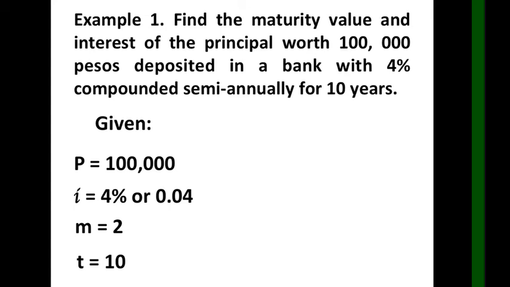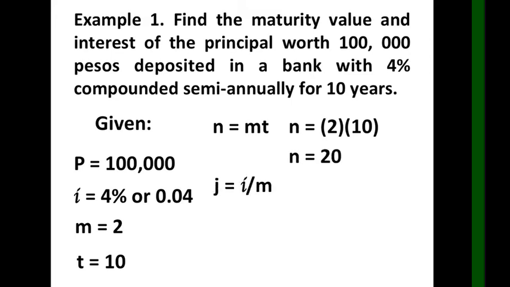Now, let's solve for the N. For the N, I gave the formula MT, where M and T will be multiplied. Therefore, 2 times 10 is equal to 20. For the J, we have I over M. Our I is 0.04. Divide by 2, and the answer is 0.02.